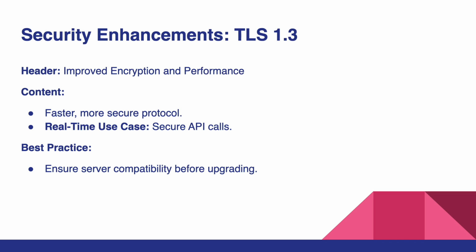For example, if you are developing an application that communicates sensitive data via APIs, TLS 1.3 ensures compliance with modern security standards while boosting performance. Best practices: test compatibility with your server infrastructure before enabling TLS 1.3 to avoid unforeseen issues.